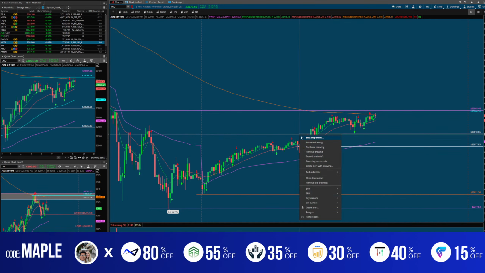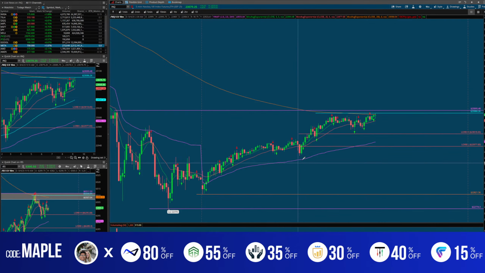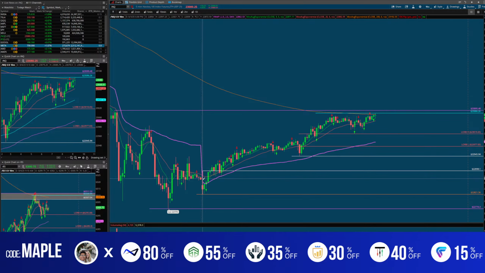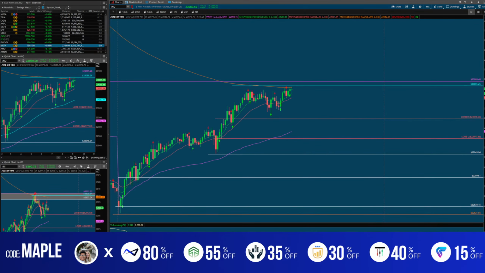Lower low, lower high, pivot, pivot, demand, demand. Same thing as ES.